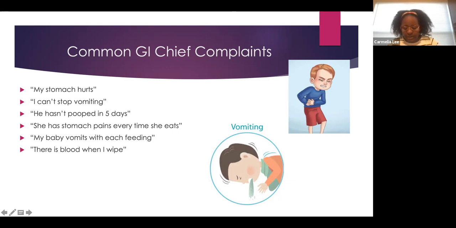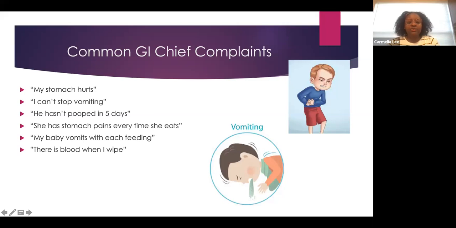My baby vomits with each feeding. This you'll see with some infants. And really with that, you need to tease out, is this a case of reflux? Is this a food intolerance? And more emergently, is this a case of pyloric stenosis? So that's what goes in your mind as you're getting complaints like that.